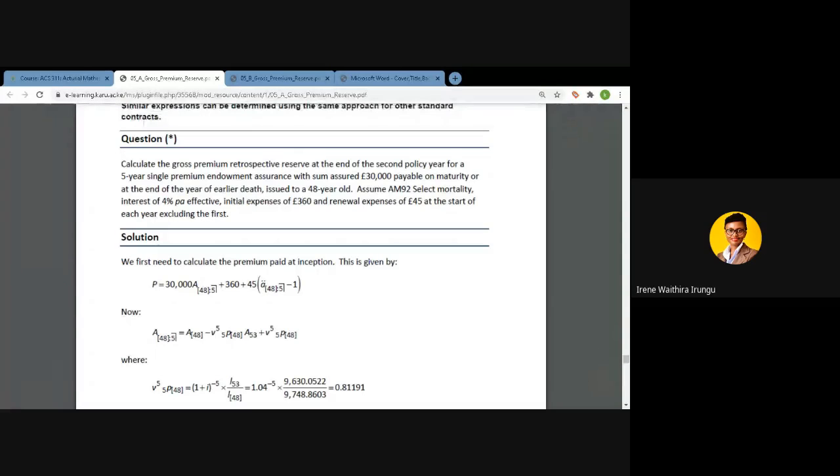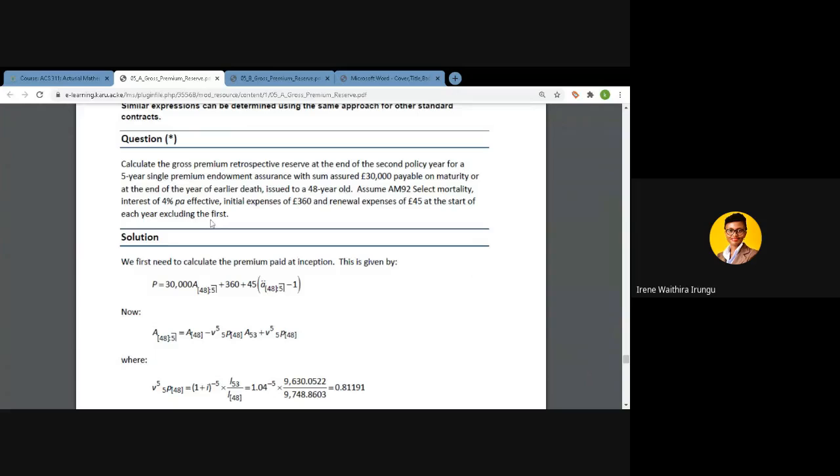In this case, we're assuming AM92 select mortality at the interest rate of 4% per annum effective. And the initial expenses are 360. So that is a one-off expense. Renewal expenses of 45 at the start of each year, excluding the first year. So that's a recurring expense.